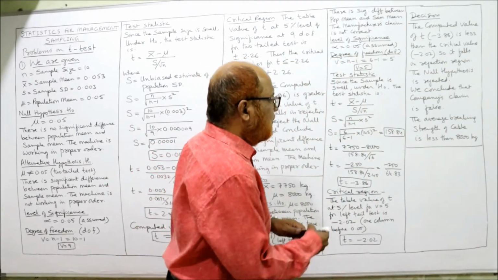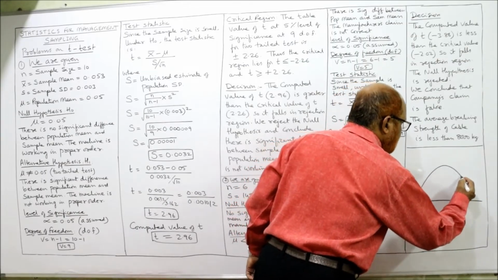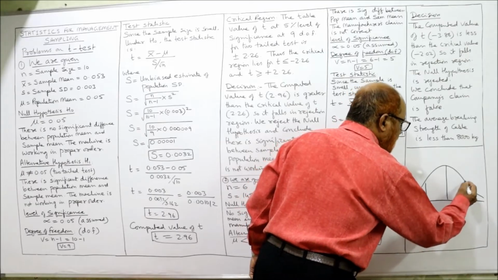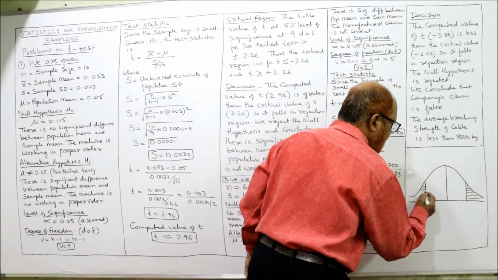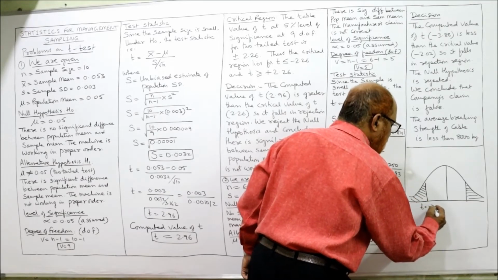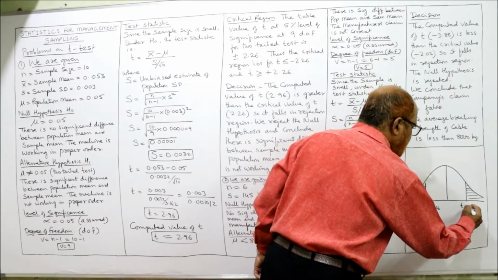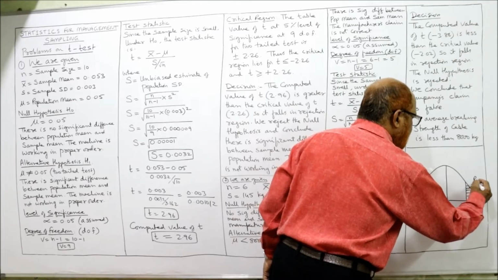Example I'll show you here. See here, this is the normal curve. Now the rejection region will lie on both sides because it is a two-tailed test. This is the left side, minus 2.26. This is the right side, plus 2.26. This is the rejection region.